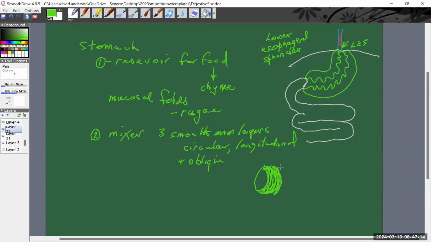When it contracts, it'll squeeze closed, and relax, it'll dilate open. We're going to have a longitudinal layer that will shorten the length of that segment of the tube. And then we're going to have an oblique layer that, in the case of the stomach, is going to create a little bit of torque, a little bit of a twist. And the result of those 3 muscle layers being able to sequentially contract and relax is going to give us a much better ability to mix the contents that are in that stomach.